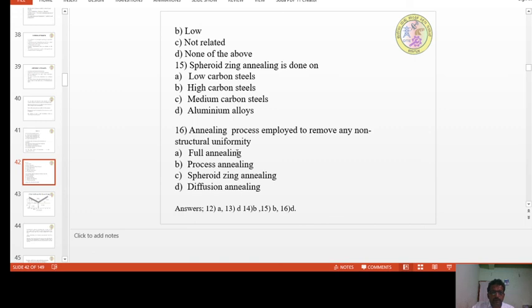Full annealing is different. Process annealing is not. Spheroidizing is for a different purpose, and the answer is diffusion annealing. The name itself, diffusion annealing. Diffusion means movement of atoms from one place to another depending upon the change in concentration gradient.